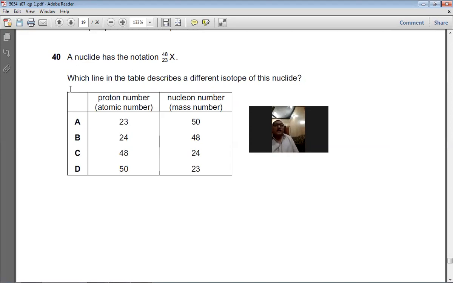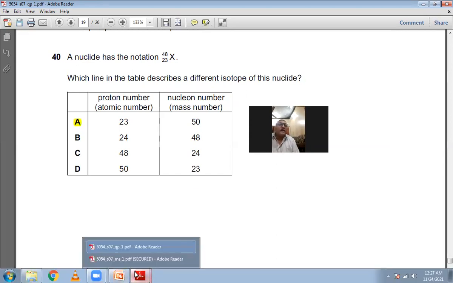So the proton number is 23, and its nucleon number here should be 50. That will work. So I think A is the best option, sir. Question number 40, A is the best option.